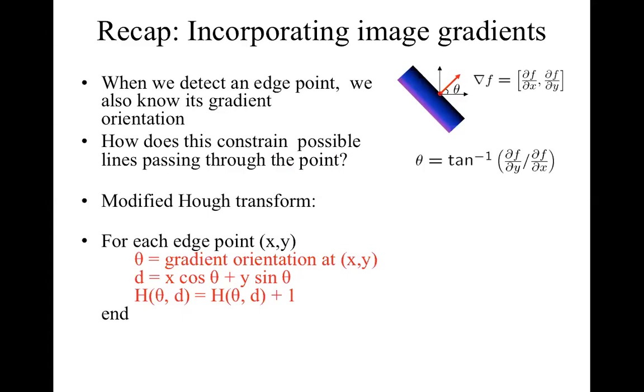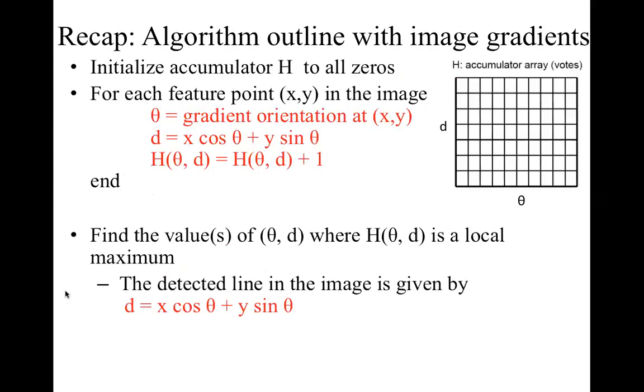You know that the edge gradient is perpendicular to your line, so this theta defines the direction of your line. In this case, you allow a point to vote for just one direction theta. So instead of having a for loop over all directions, now you have just one.